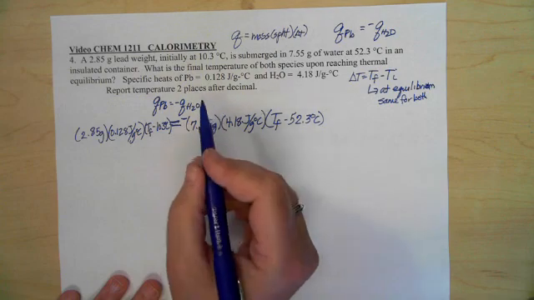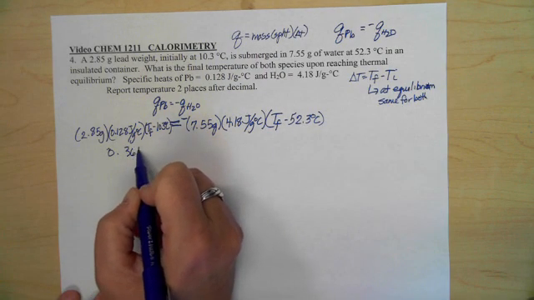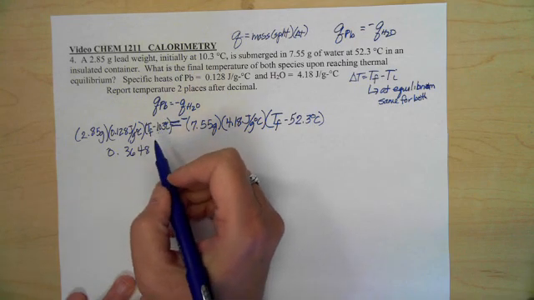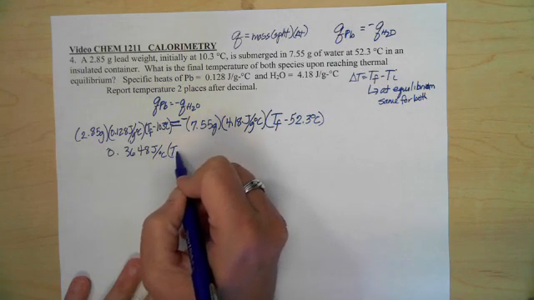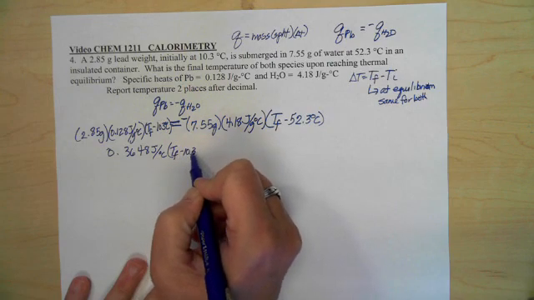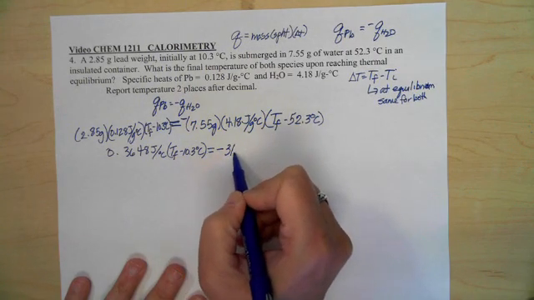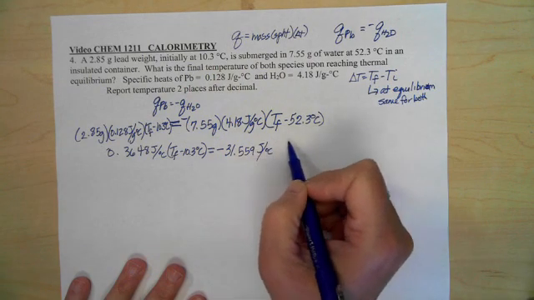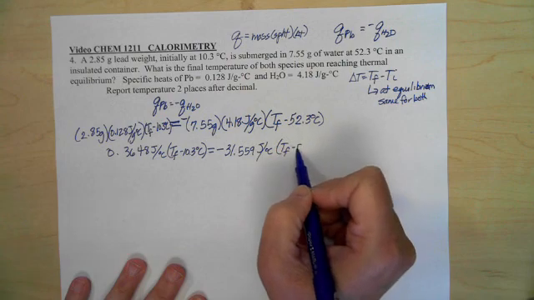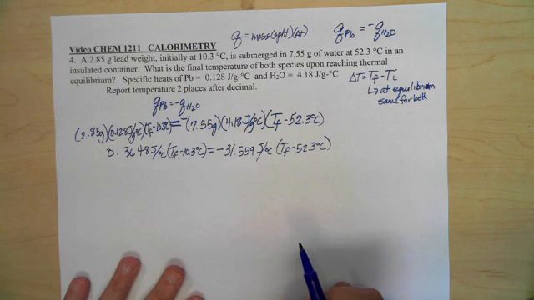Okay? So if we look at it and we do the math, we're going to get 0.3648 joules per degree C times TF minus 10.3 degrees C is equal to negative 31.559 joules per degree C times TF minus 52.3 degrees C. I'm going to try to isolate one of them.